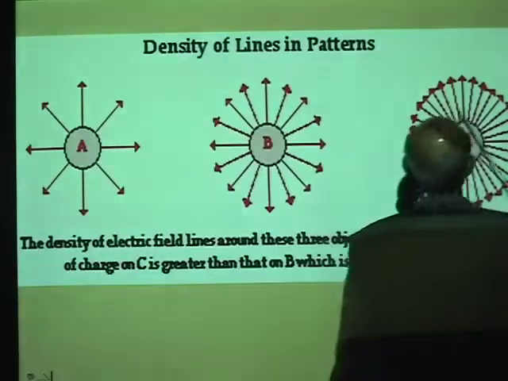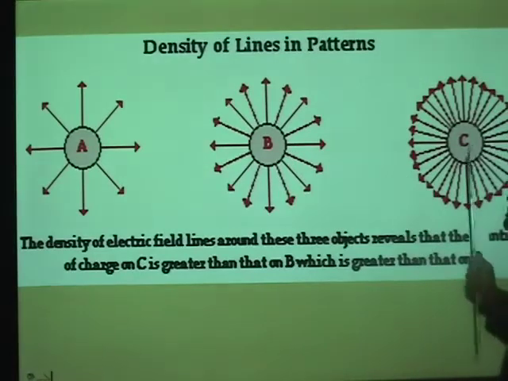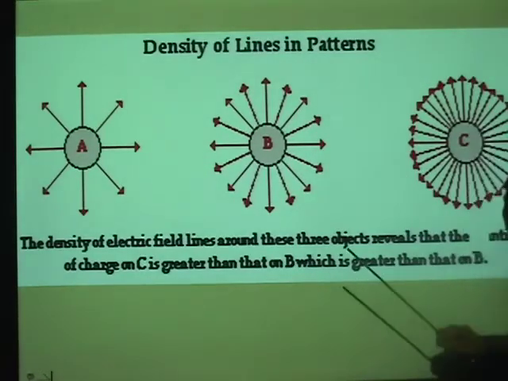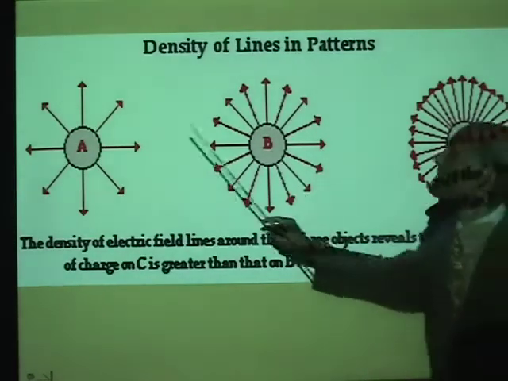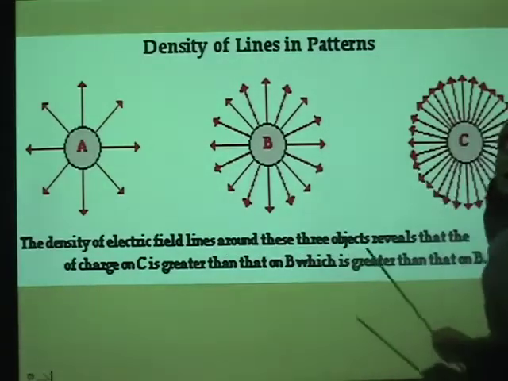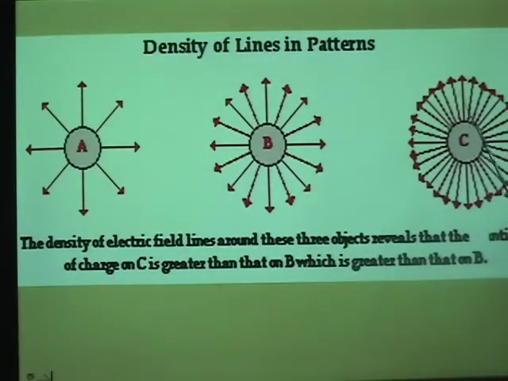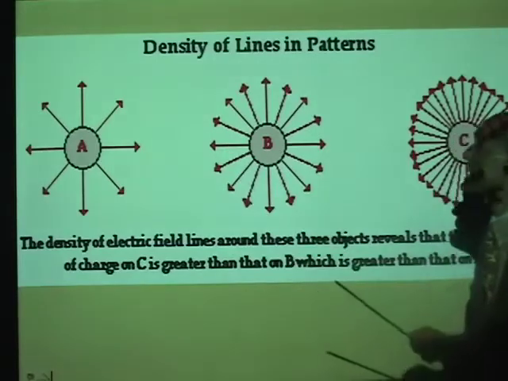The number of lines of force originating from C are so much more than the number of lines of force originating from A or B. You may not be able to see the complete picture of C, but whatever you can see gives you a picture of the strength. C is a much bigger charge than A or B.